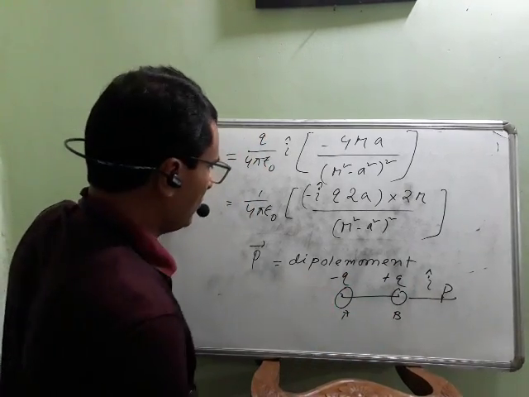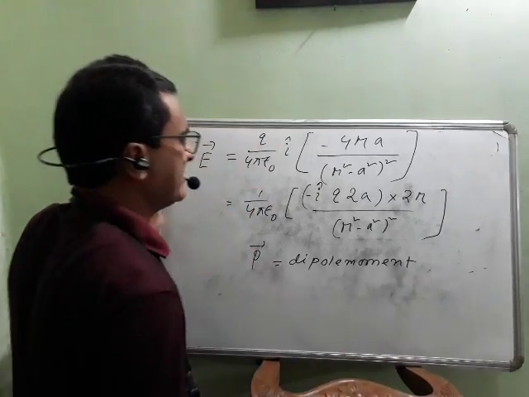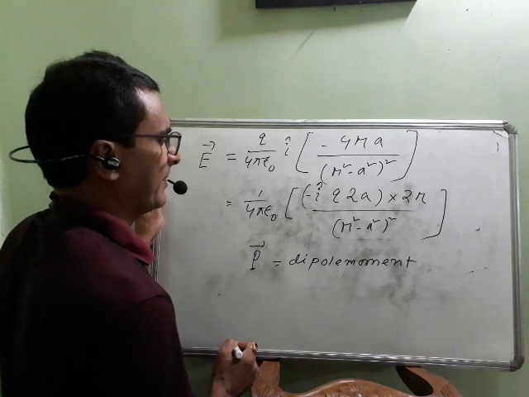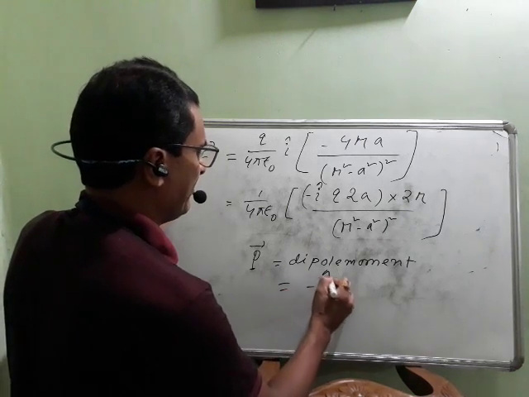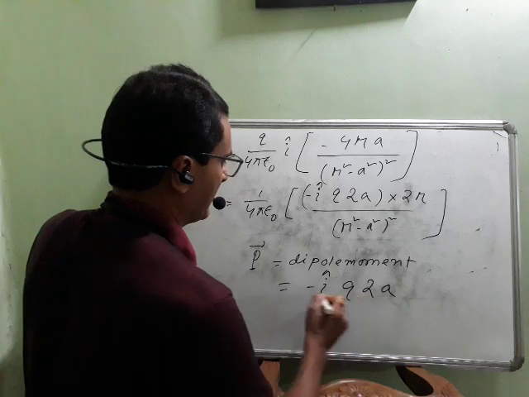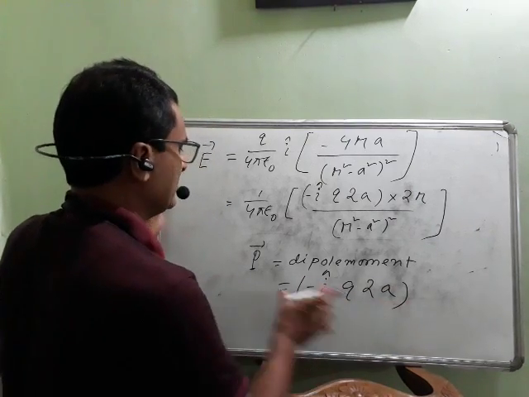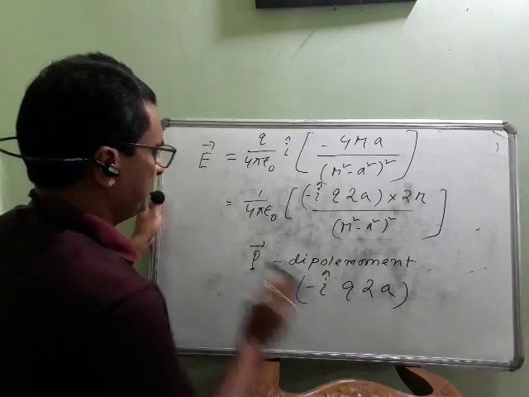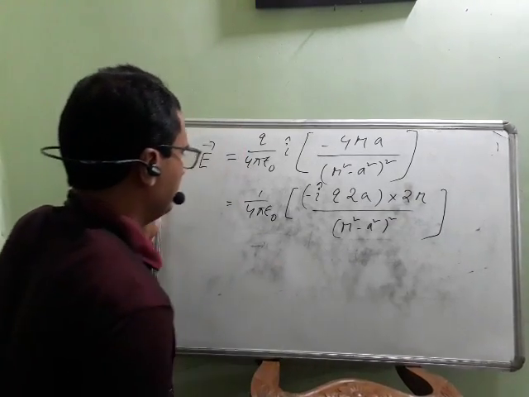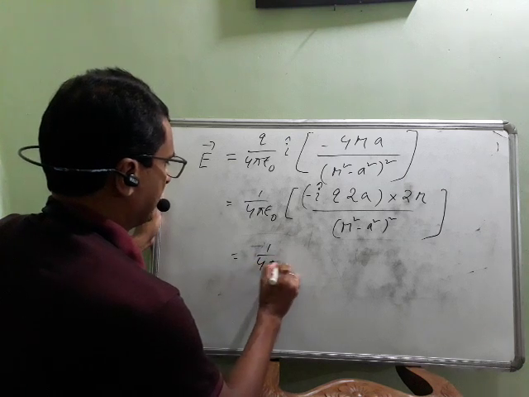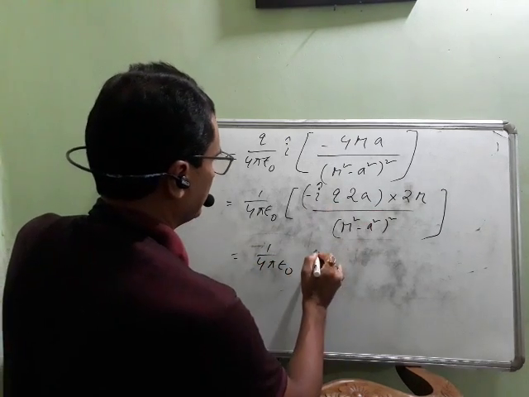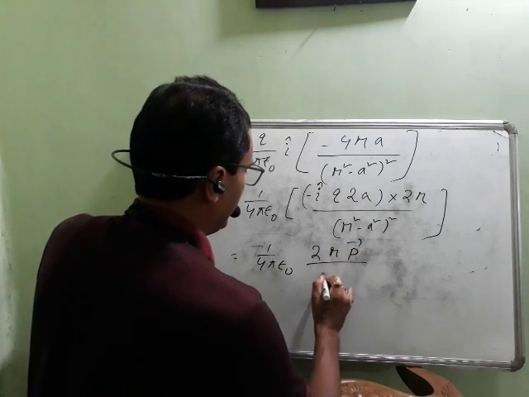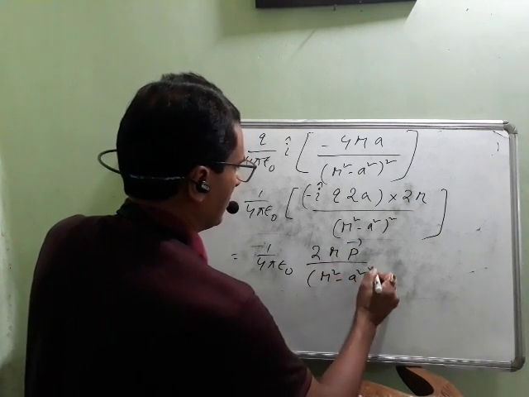So we can write this entire term as the dipole moment P. Get my point? Q into twice A together we can put as the P vector. Now you put it here: 1 by 4 pi epsilon naught, twice R P vector divided by (R square minus A square) whole square.